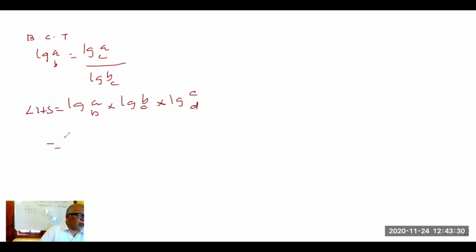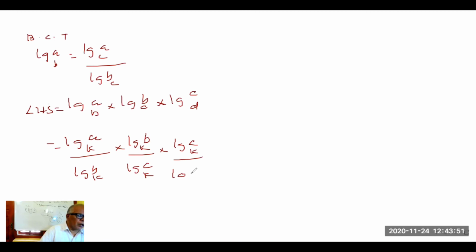That is equal to logarithm of a to the base k by logarithm of b to the base k, into logarithm of b to the base k divided by logarithm of c to the base k, into logarithm of c to the base k divided by logarithm of d to the base k. So b to the base k will cancel. What you have is logarithm of a to the base k by logarithm of d to the base k, which is equal to logarithm of a to the base d. Hence proved.